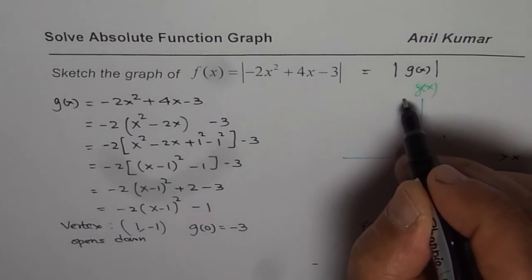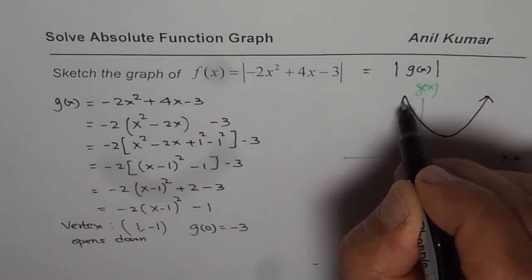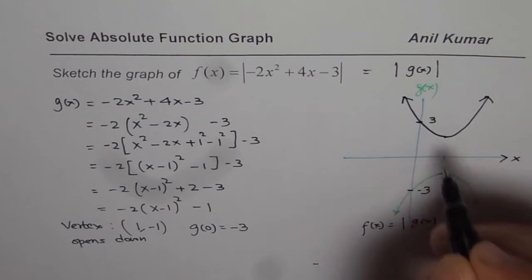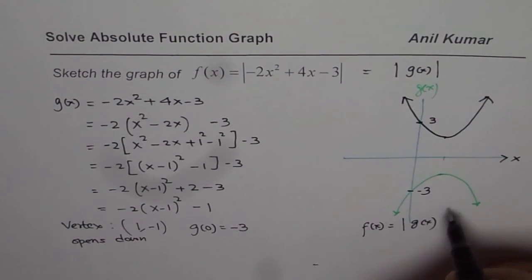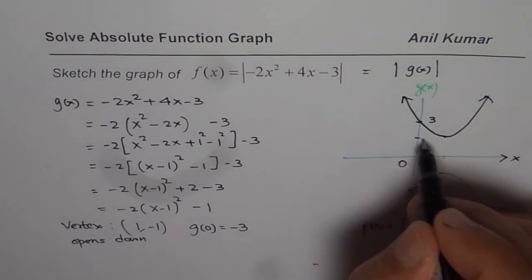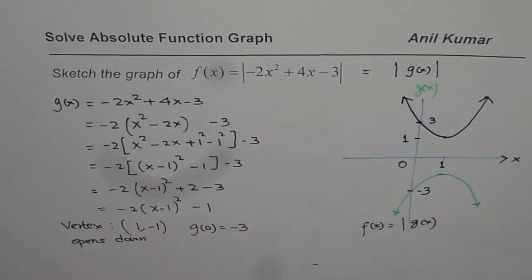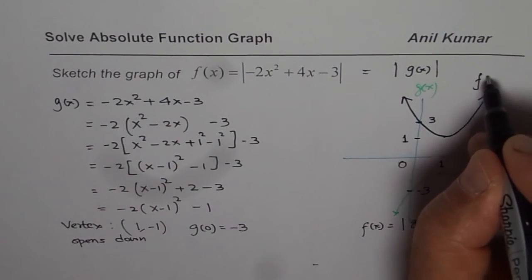So what we get here is kind of a parabola like this, where this point is 3, right? So the mirror image of g of x, mirror being the x-axis, gives you the graph of the given function. So that is how we will sketch f of x, right?